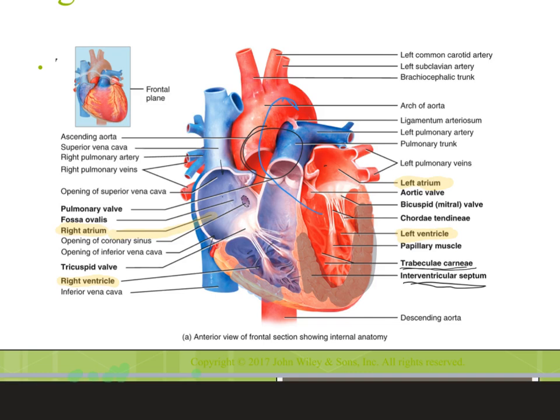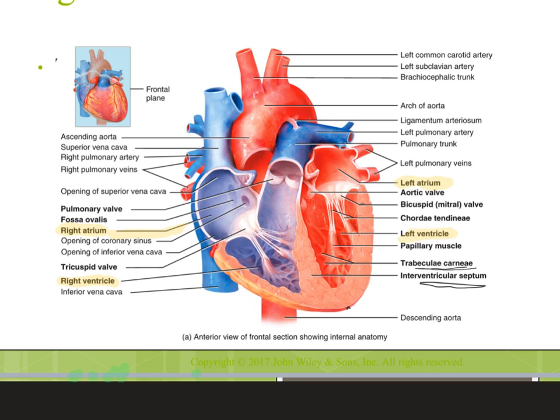So I'm going to go ahead and delete some stuff so that we can continue to discuss what's going on in this heart. So again, just to do some general anatomy, you have the apex at the point, the base at the top. We also are going to see a couple other things.